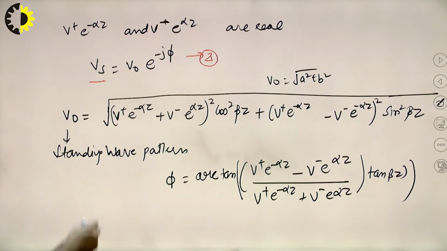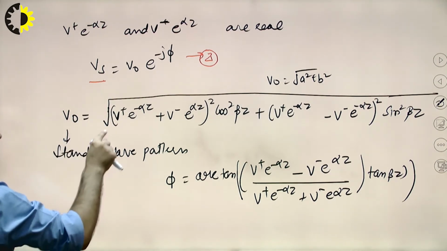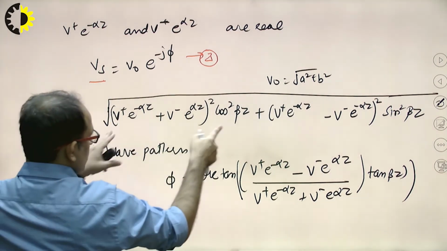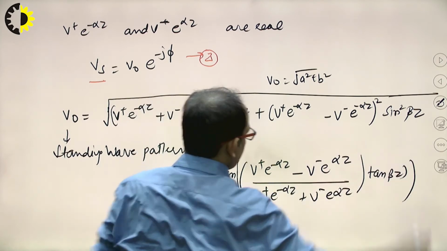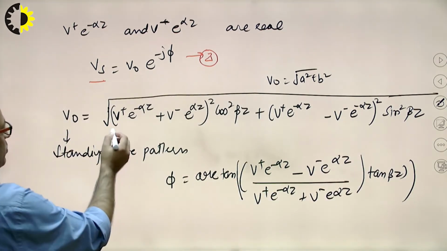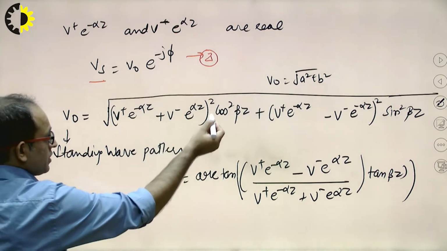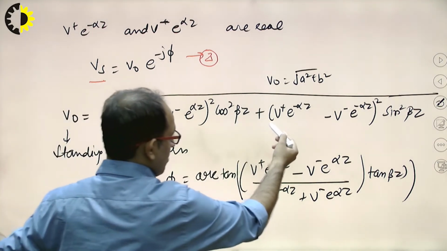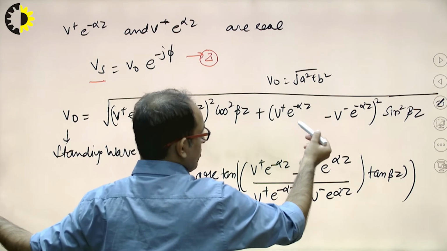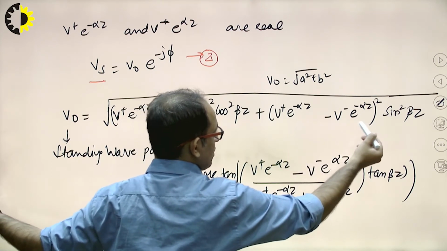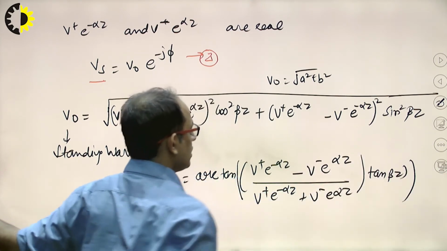So the magnitude V naught will be equal to root of A square plus b square, that is, root of the square of V plus e power minus alpha z plus V minus e power alpha z times cos beta z, plus the square of V plus e power minus alpha z minus V minus e power alpha z times sin beta z.